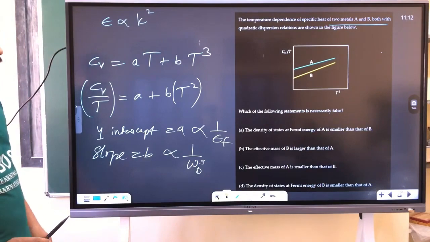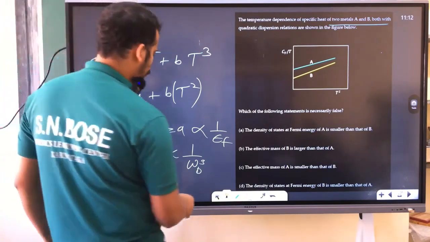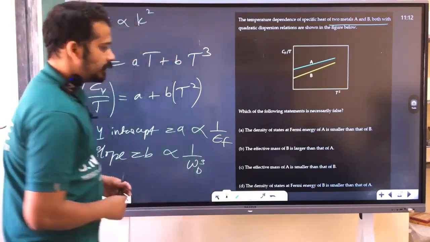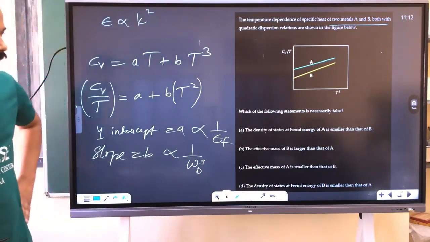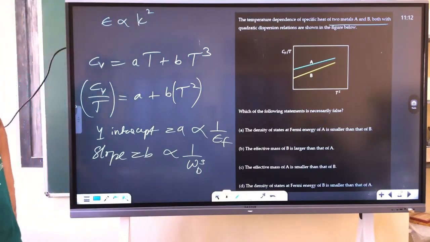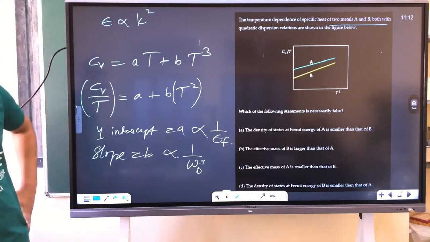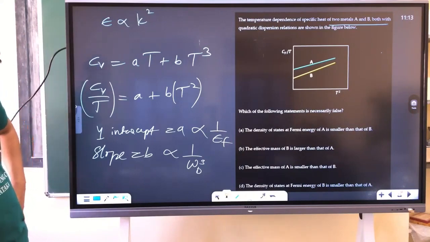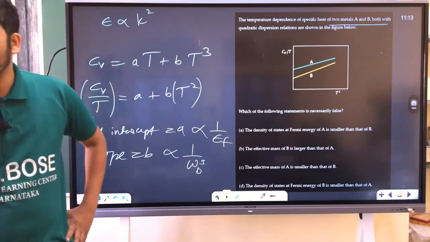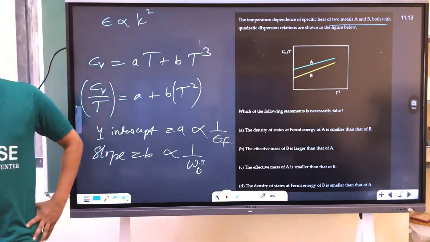Now let us see the options. The density of state at Fermi energy of A is smaller than that of B. He talked about the density of state at Fermi energy. You can say like the average number. No, density of states, not occupation.